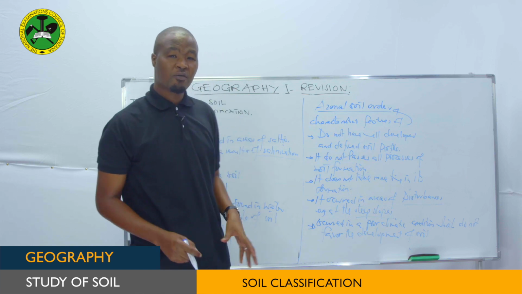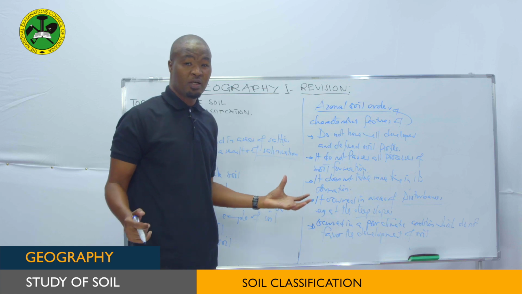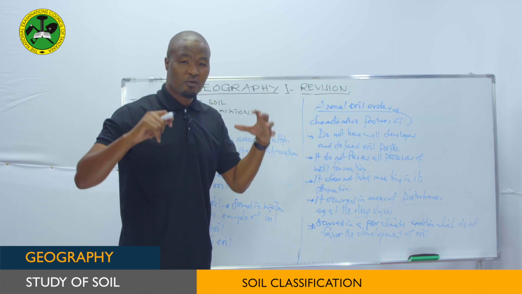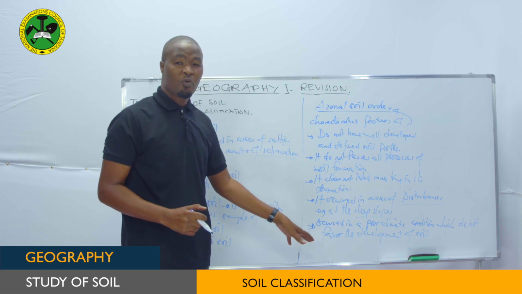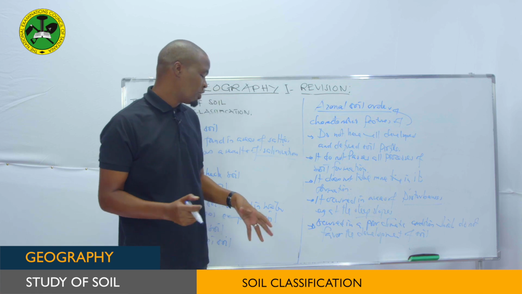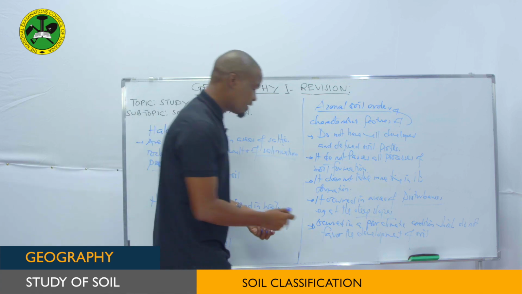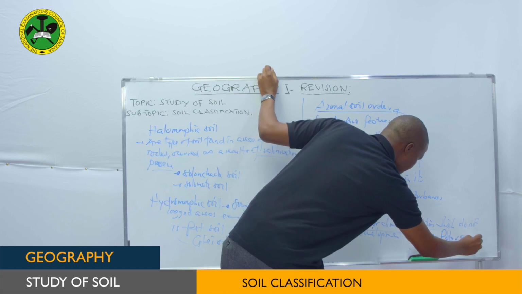We all know most of the soil found, for instance, in areas with more water, or very cold areas, will not be able to develop into a fully matured soil. So we said it occurred in areas of poor climatic condition. Example, polar areas.